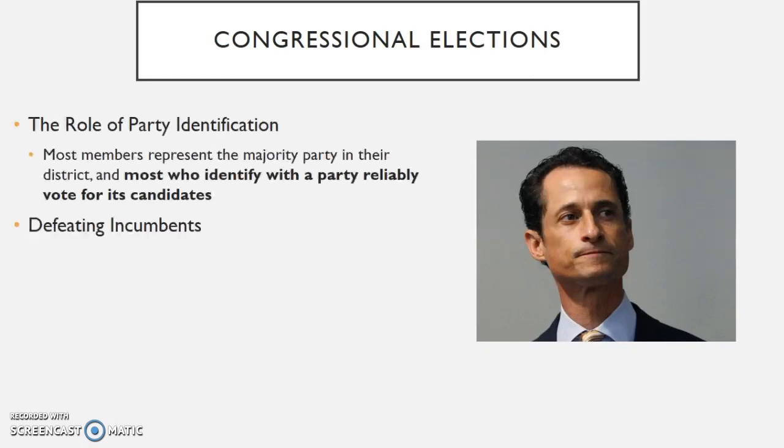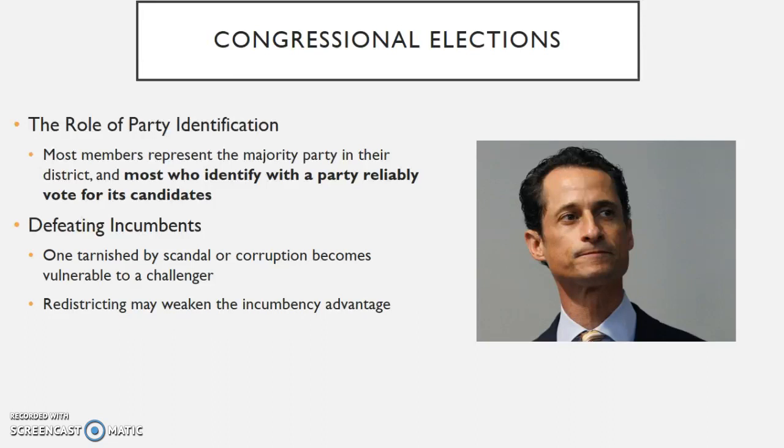Now, where you're probably going to be able to defeat an incumbent is if there's some type of scandal. A good example of this would be Anthony Weiner, who was embroiled in a major scandal. That can certainly hurt you and diminish your chances. Also, going back to gerrymandering, if you're a Democrat and you get redistricted into a more Republican area, well, then you have a much greater chance of losing.